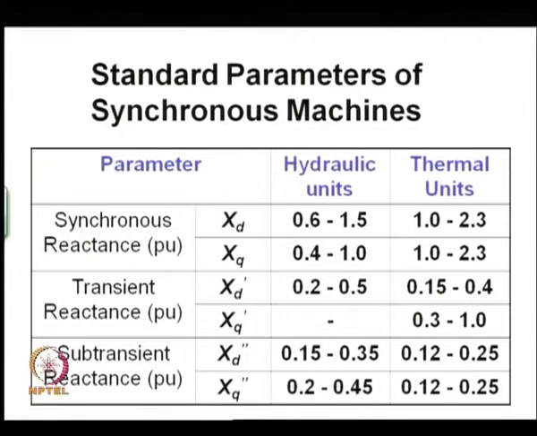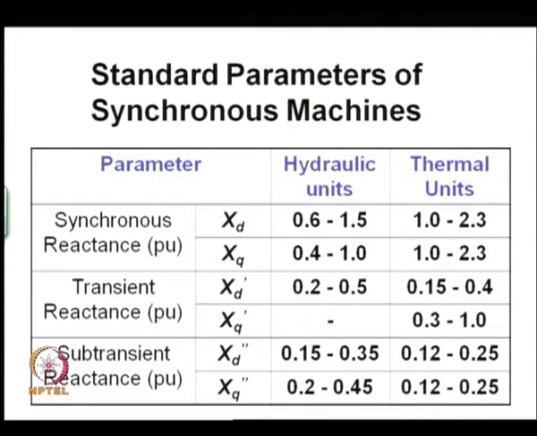So, you do not really have to define the time constants T q dash and T q0 double dash, or alternatively you do not have to define x q dash and T q0 dash. So, one set of parameters reduces, because you can represent the generator driven by a hydraulic turbine by just one damper winding on the q axis.